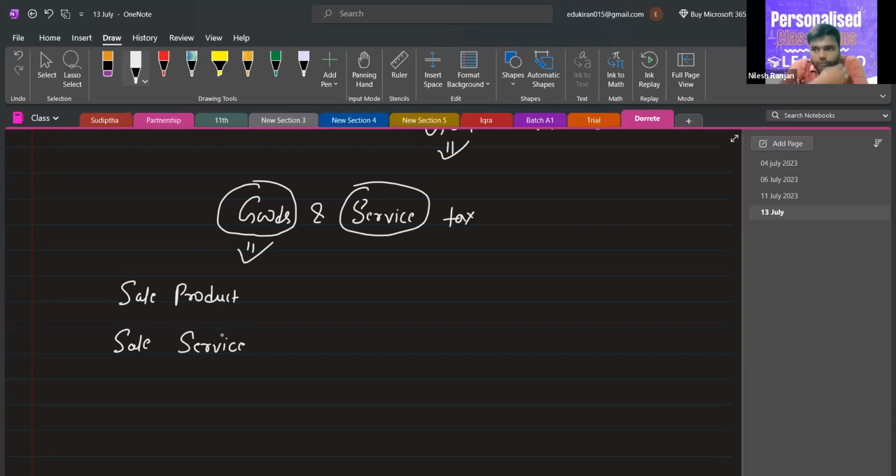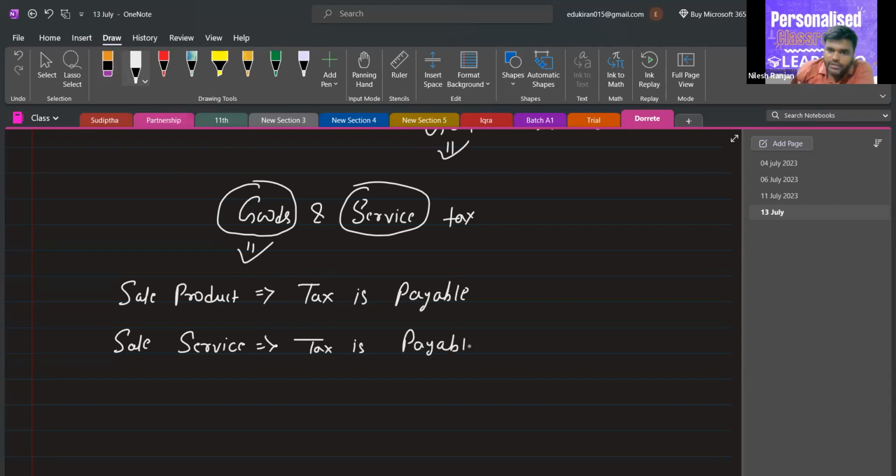So when we sell a product, tax is payable, and when we sell a service, tax is payable.